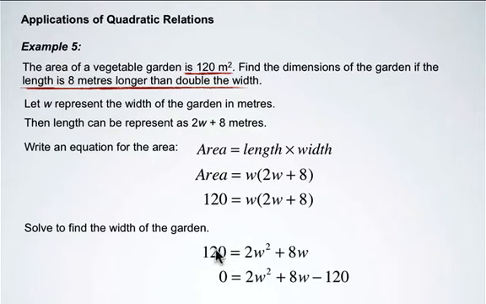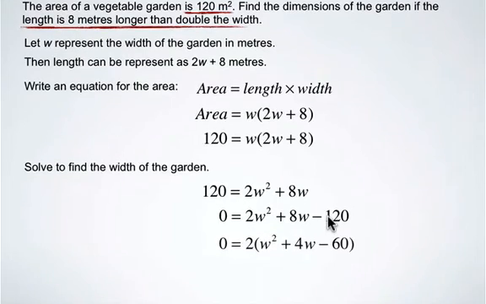We'll then move the 120 to the other side. Now we have a quadratic expression in standard form. We'll factor out a 2. So 2 times W squared plus 4W minus 60. This can be factored into 2 times W plus 10 times W minus 6.